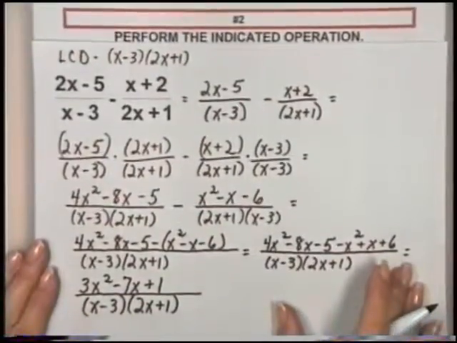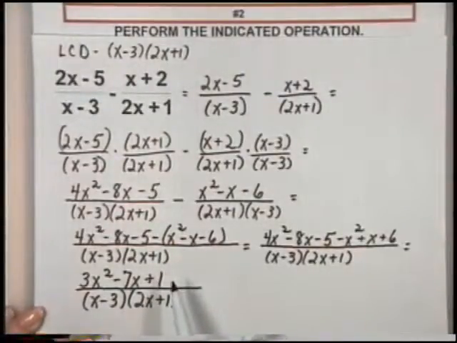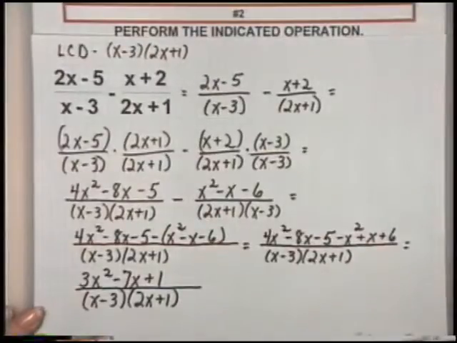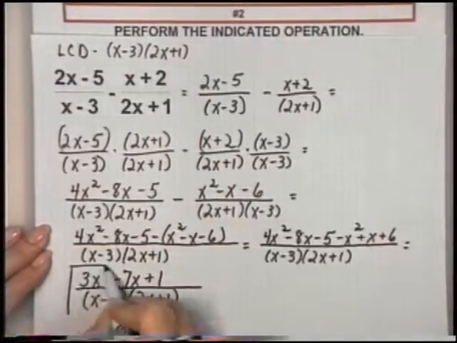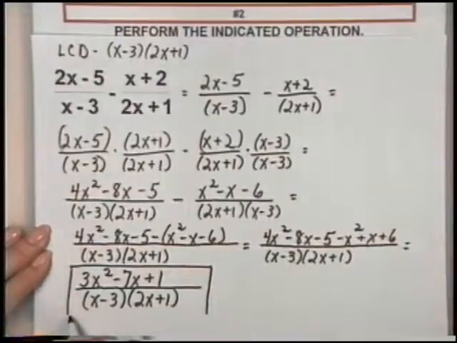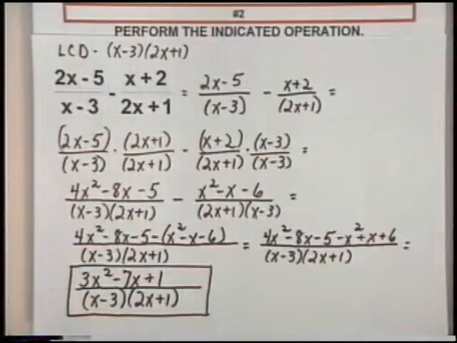My last step is to see if I can factor my numerator, and if I can, if it has a common factor with my denominator. My numerator in this case will not factor. Since my numerator and my denominator do not have a common factor, this is the final answer.